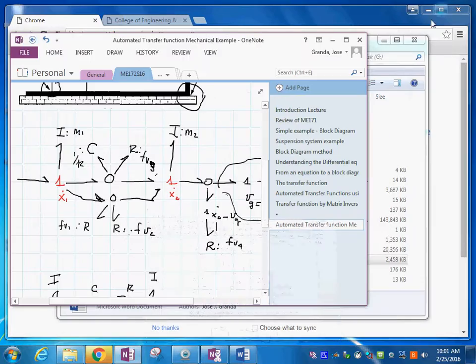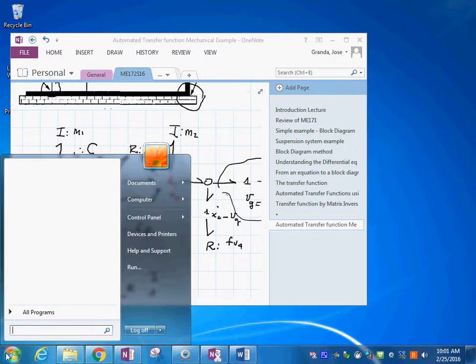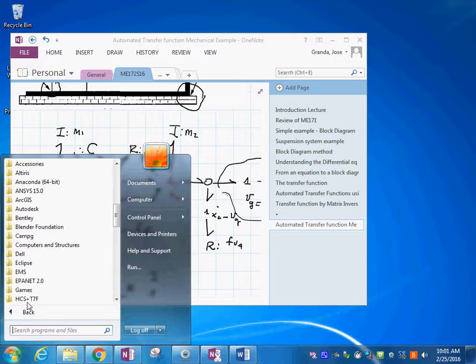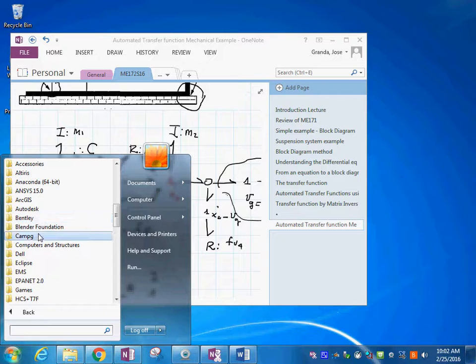Let me see. We need this, and I'm going to make it small enough.